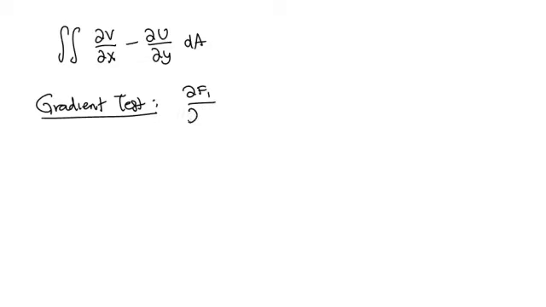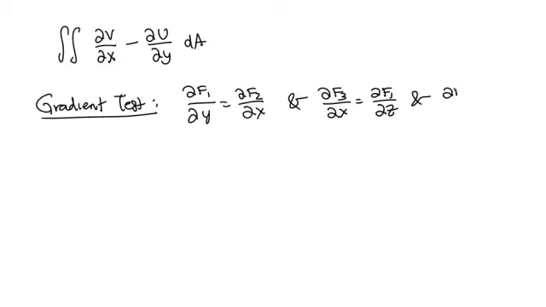We needed to have the equations del f1 del y equals del f2 del x, and del f3 del x equals del f1 del z, and del f3 del y equals del f2 del z. Are there any ways to help remember the order of these particular things right here?